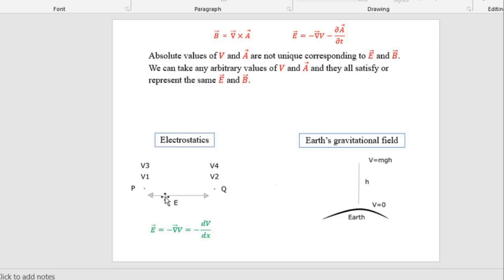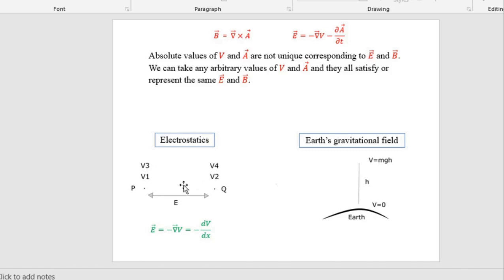Then we know that the strength or intensity of this electric field between these 2 points will depend on the potential difference, that is V1 minus V2. Now suppose we change the potentials to some other values, say V1 to V3 and V2 to V4, and suppose we have kept the potential difference the same, that means V3 minus V4 is equal to V1 minus V2.